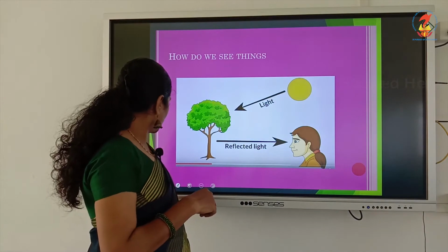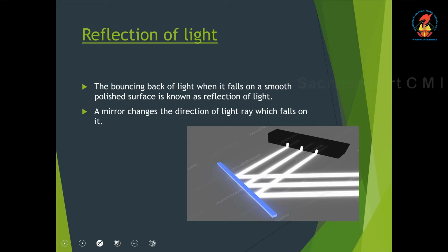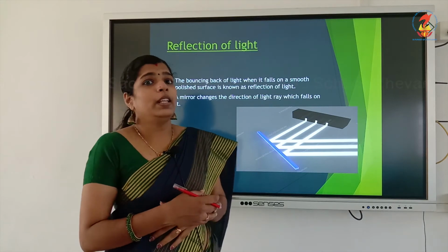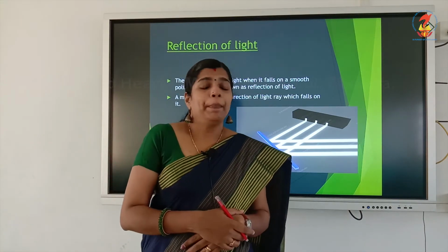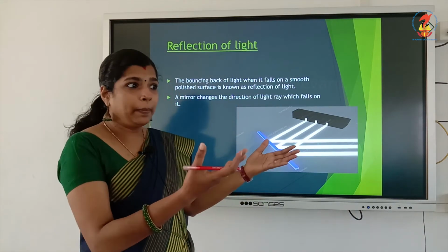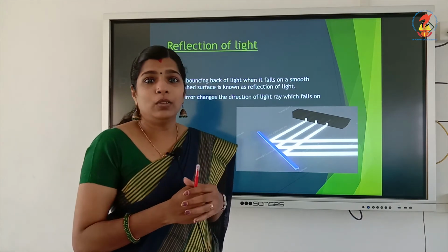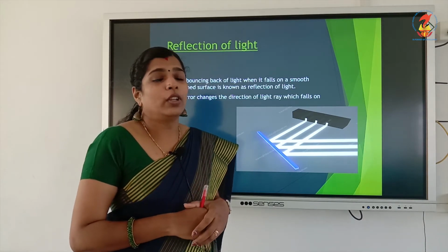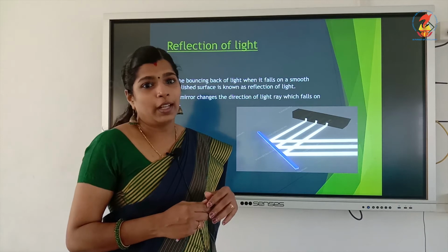So, what is meant by reflection of light? When you throw a ball at a wall, the ball will bounce back. In the same way, when light is incident on objects, a part of the light is sent back or bounced back. That is known as reflection of light.